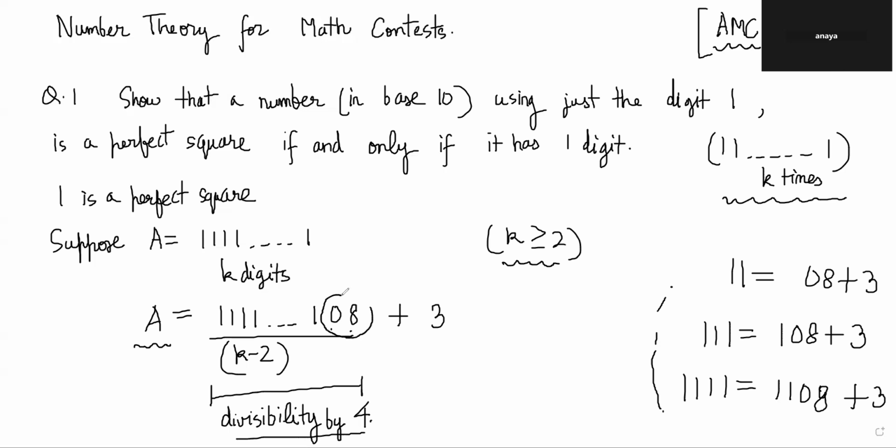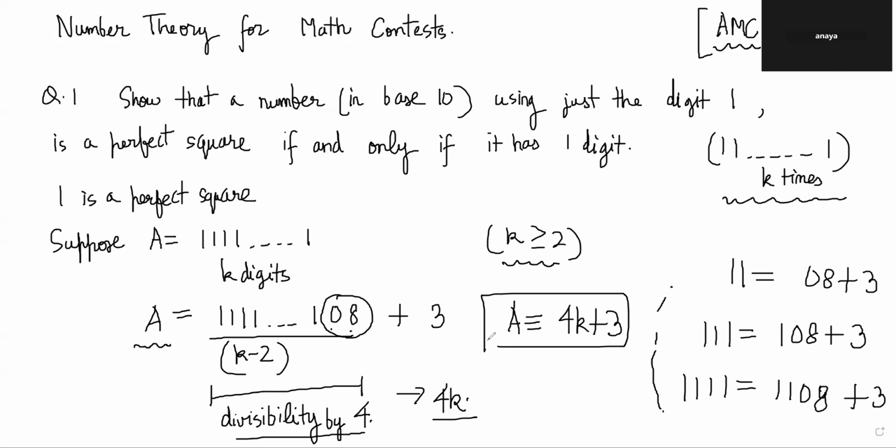So here, obviously, it will be divisible. So this number is of the form 4k, divisible by 4. So from here, we are getting that our big number A is always of the form 4k plus 3.